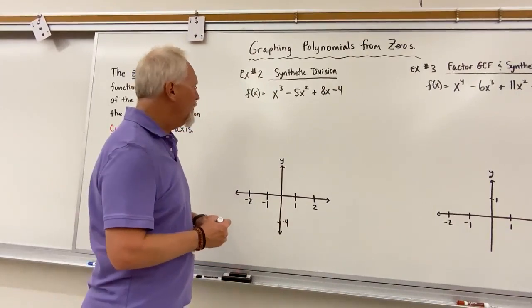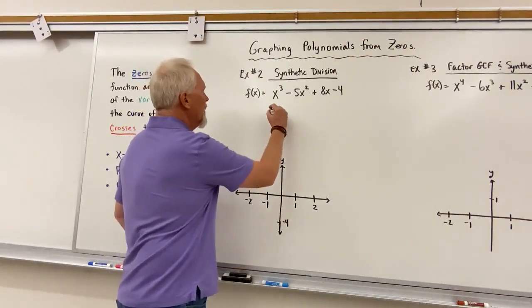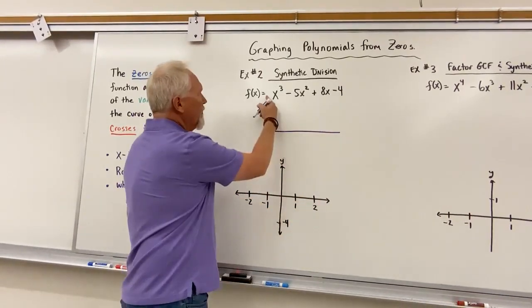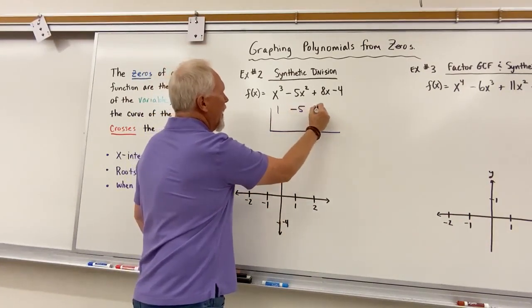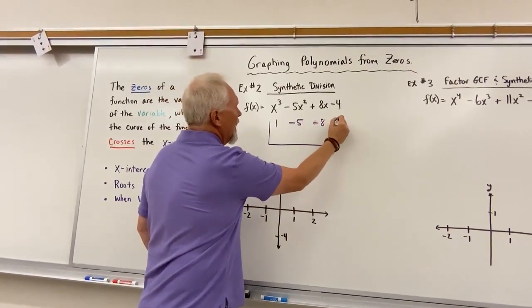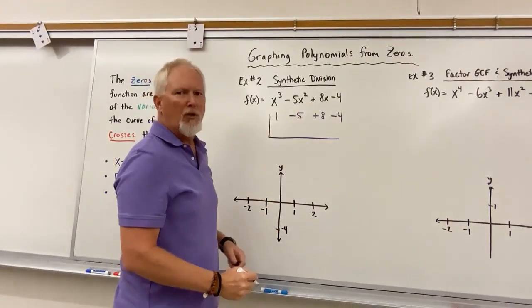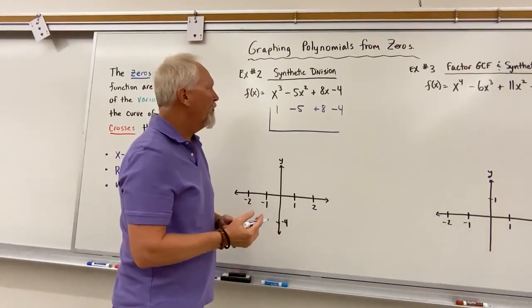and synthetic division. So if you remember synthetic division, we basically draw our little bucket here. We bring the coefficients down, -5, 8, -4. And then we often will do the PQ test, which is where we try and find the factors of 4.